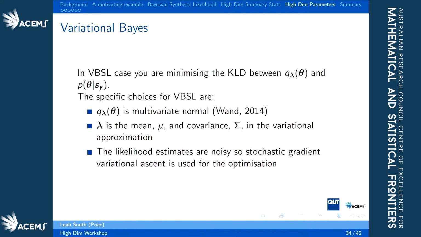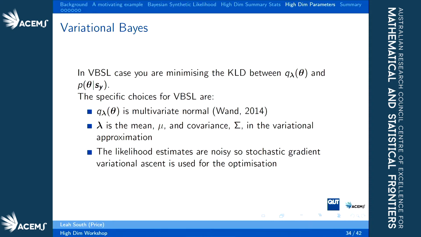Now in VBSL, we're looking at summary statistics of the data. So we're minimizing the Kullback-Leibler divergence between this Q and the summary statistic posterior. Robert Kohn and others have done some work on this kind of idea for ABC, and this is the extension that's been done for Bayesian synthetic likelihood, which is the parametric alternative.